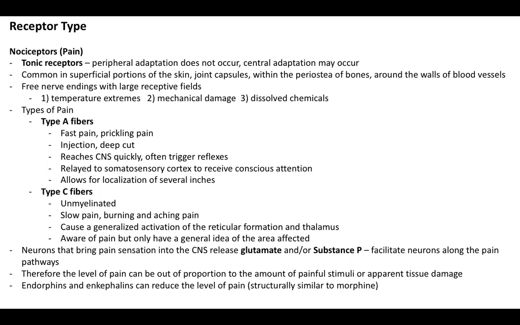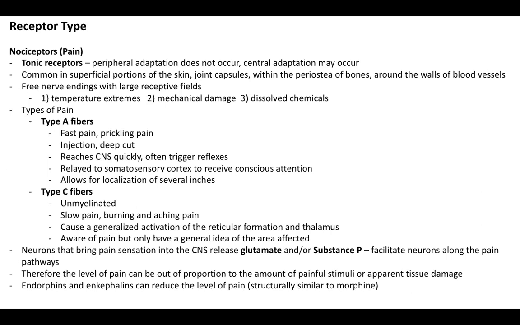We have two different types of fibers, a type A fiber and a type C fiber. Type A fiber is fast pain, so this is myelinated. It's like pricking pain, so when you get a prick, a cut, or an injection, this sharp, quick pain reaches the central nervous system quickly.